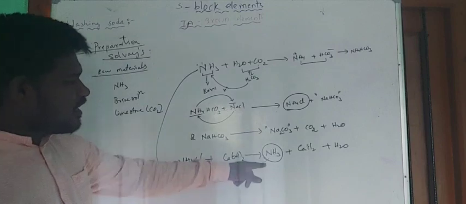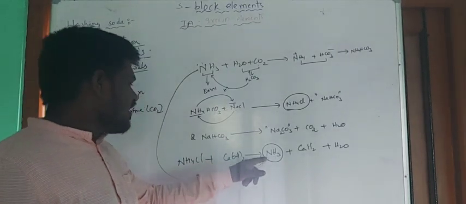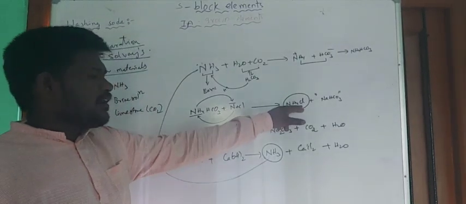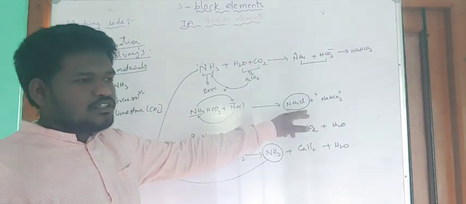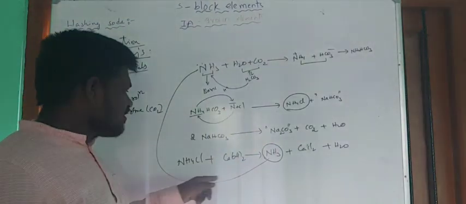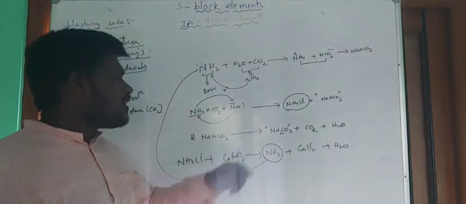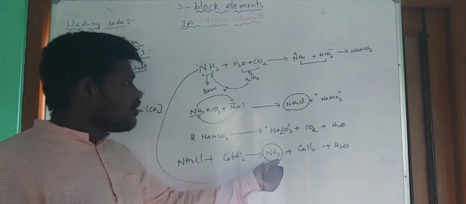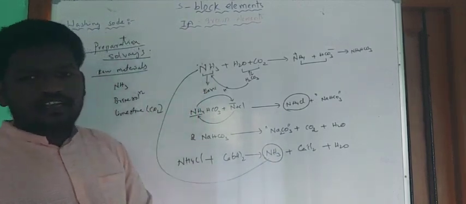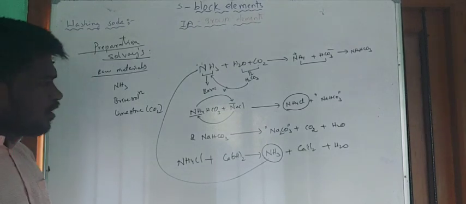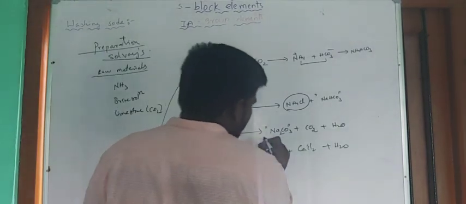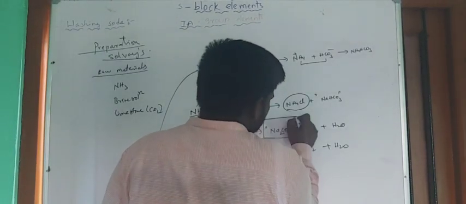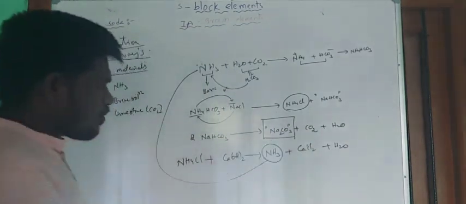So ammonia is regenerated when ammonium chloride is treated with calcium hydroxide. Again we can use this as a raw material in the Solvay process. Okay, so this is our desired product here, sodium carbonate.